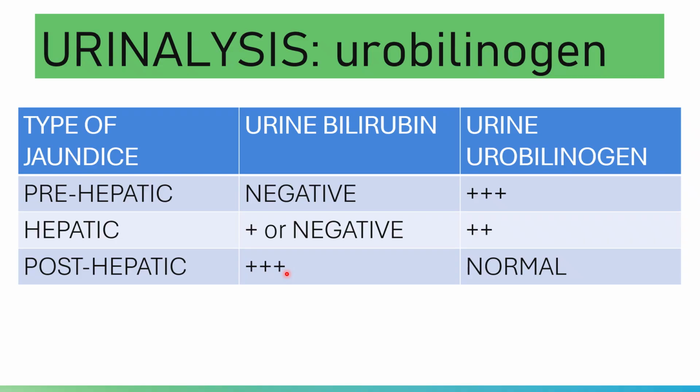In case of urobilinogen, normal or decreased levels. Please note, normal or decreased levels of urobilinogen. Okay, posthepatic jaundice is usually caused by bile duct obstruction. So in posthepatic jaundice, urine urobilinogen is decreased or normal.